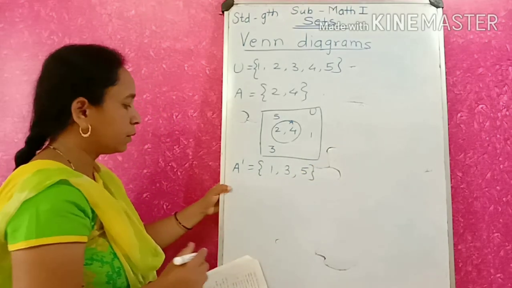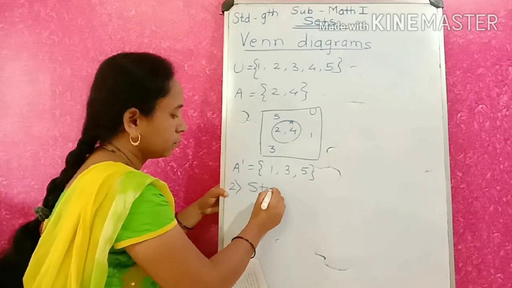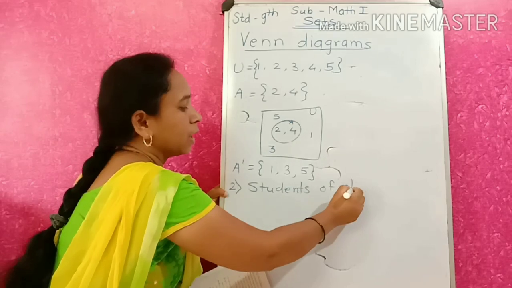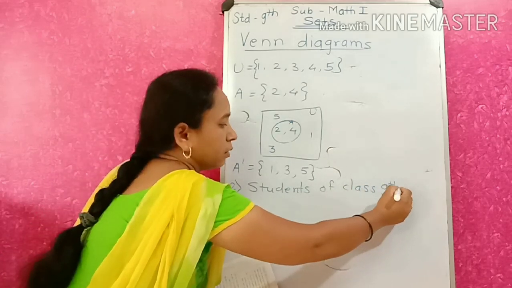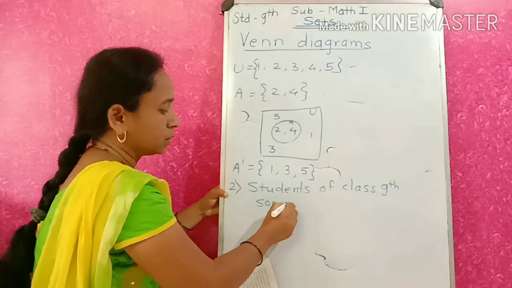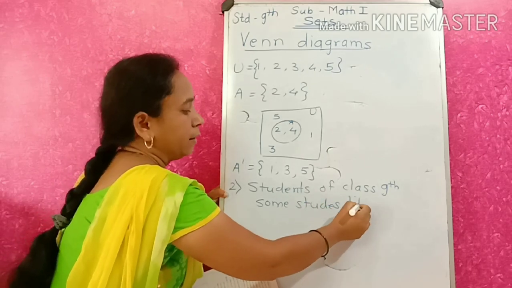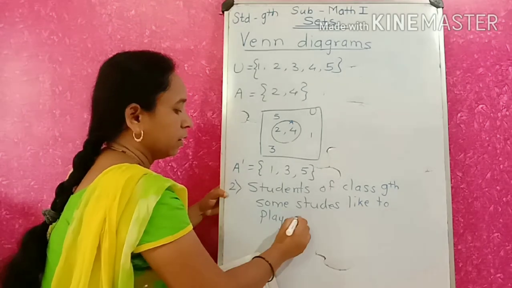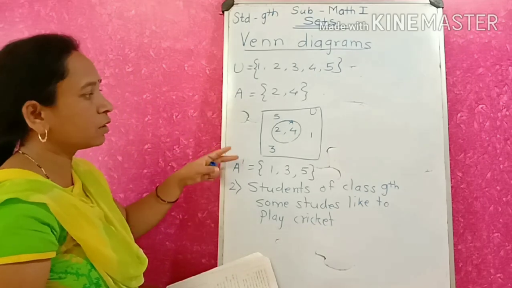Now one more example. If I consider the students of class 9, and in this some students like to play cricket, how can we show this using a closed figure, using a Venn diagram?